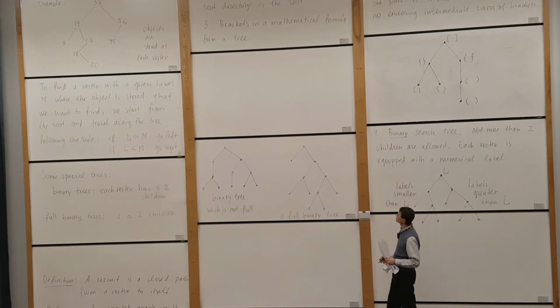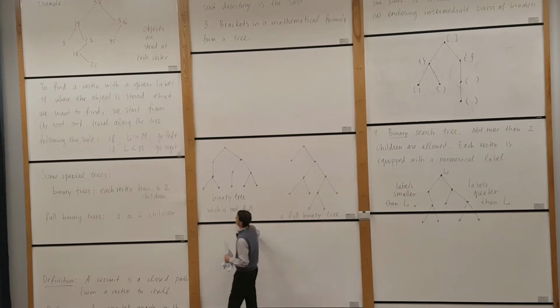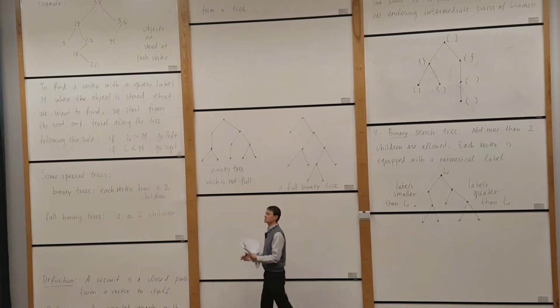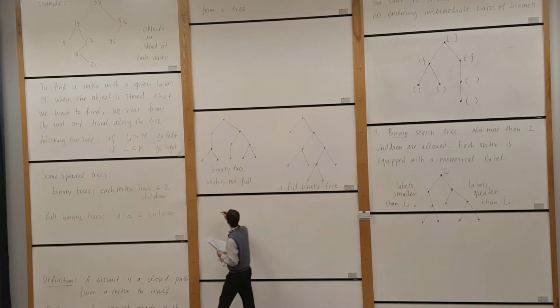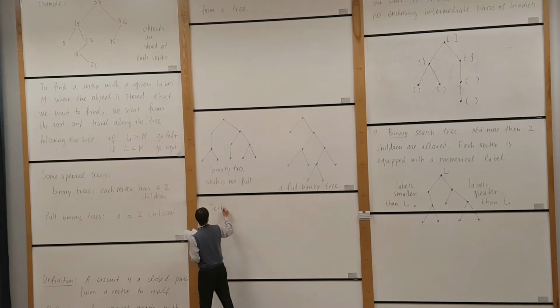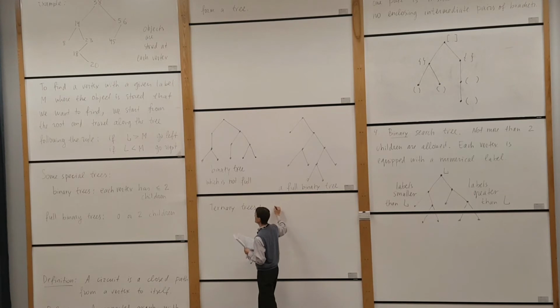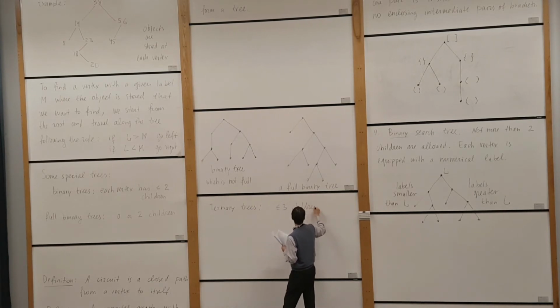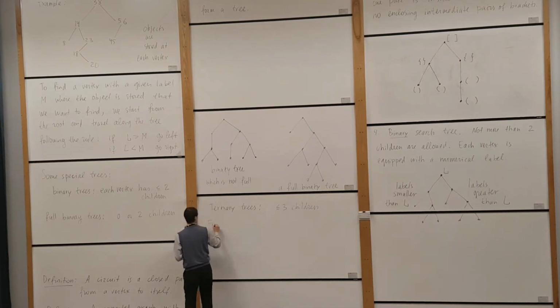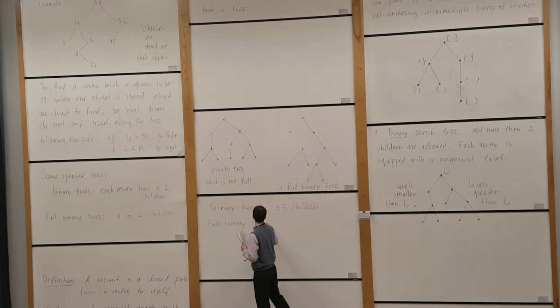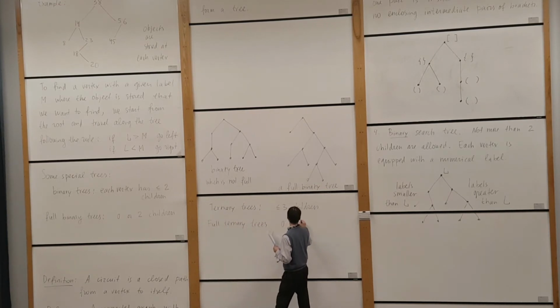You can also introduce ternary trees for which each vertex has less or equal than 3 children, and full ternary trees where you have either 0 or exactly 3 children.